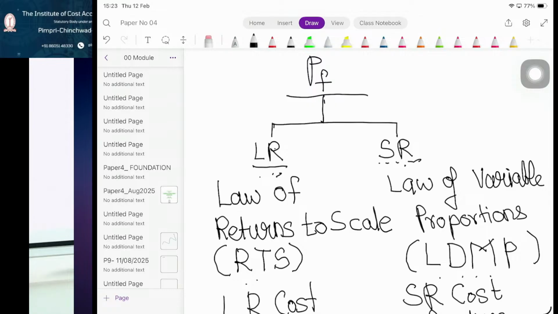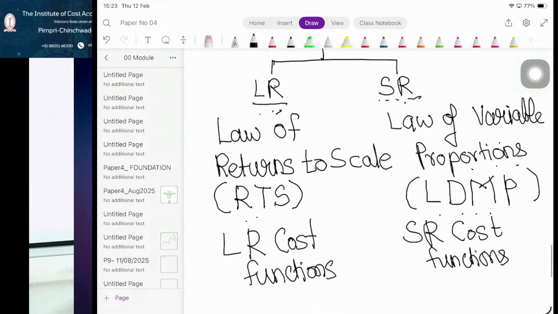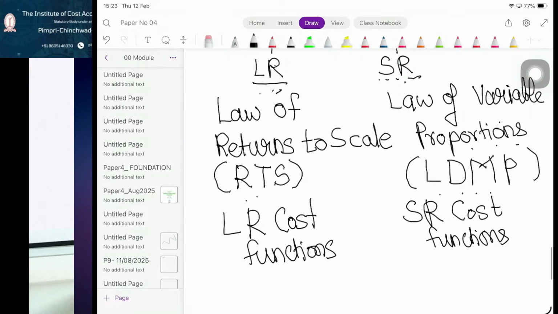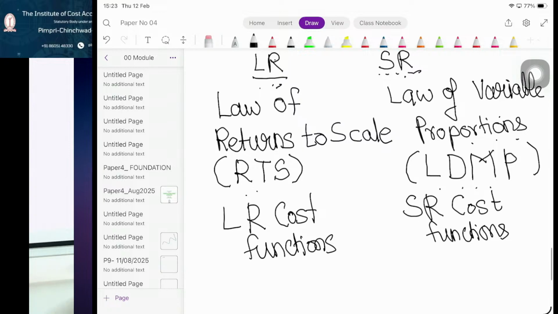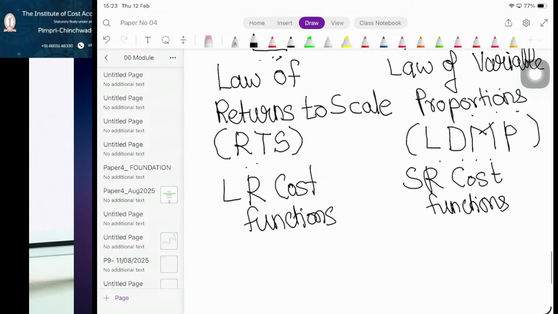And for the short run firm, it is the law of variable proportions, or more commonly the law of diminishing marginal product. Perfect. Can I proceed to write down the law of returns to scale?